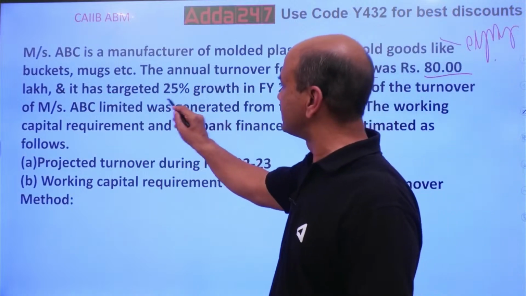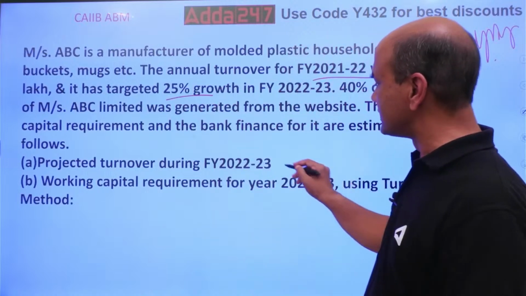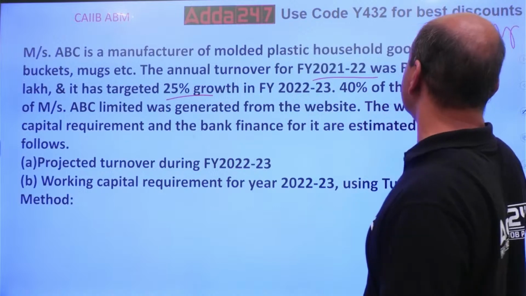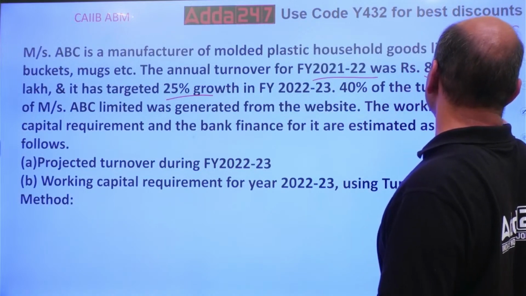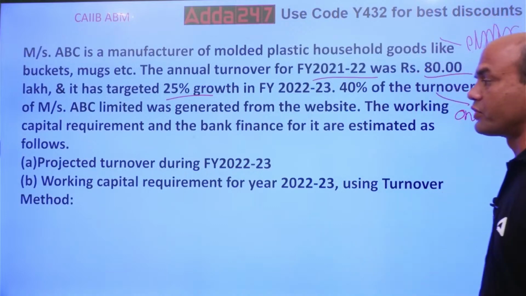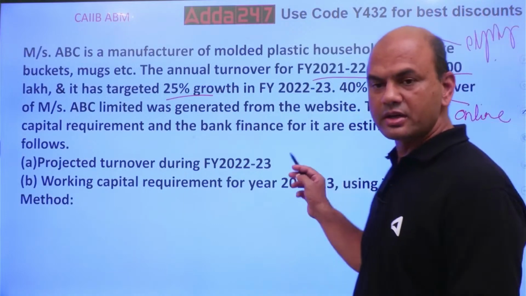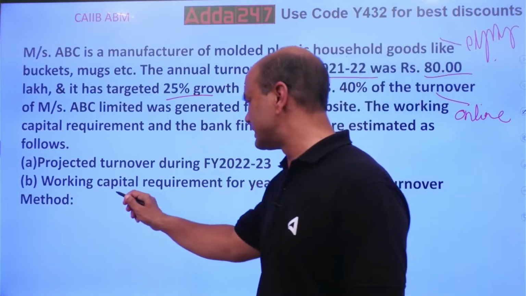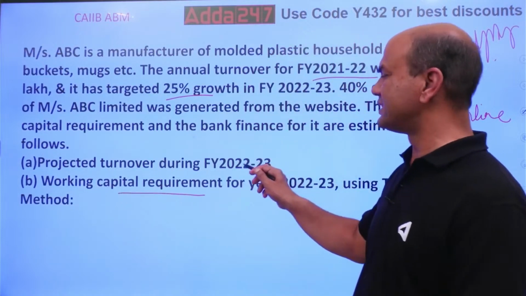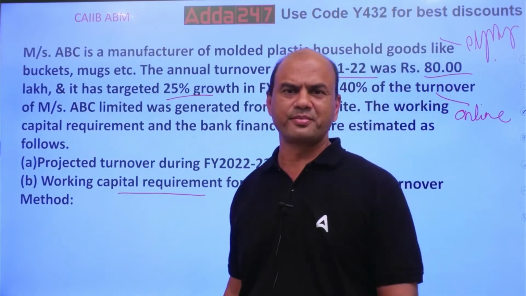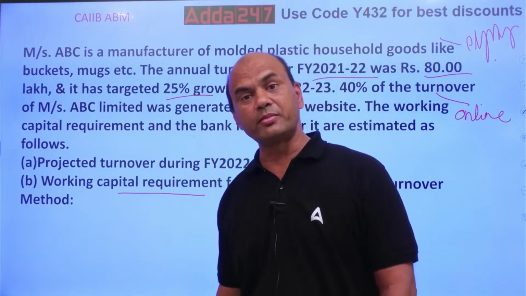So next year they are targeting 25%. 40% of the turnover is through online payment. Now you have to calculate two things. One is the projected turnover and second is the working capital requirement. Projected turnover is very easy. Working capital requirement is difficult.